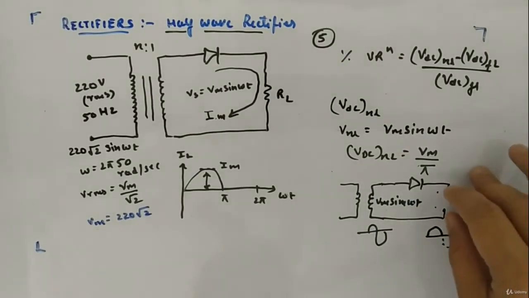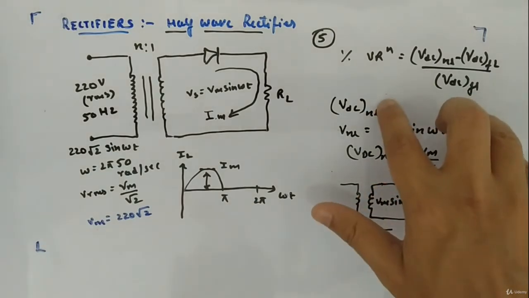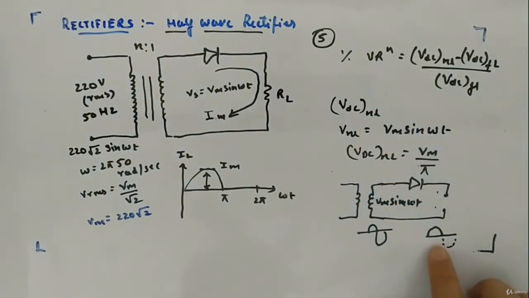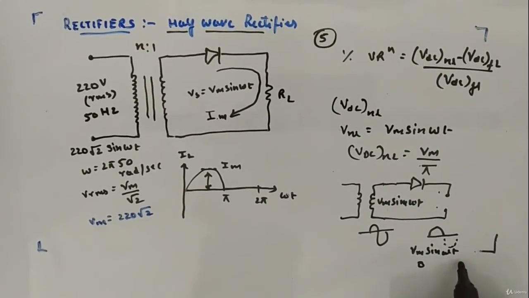So here the no load voltage will be this. It will be Vm sin omega t, for omega t from 0 to pi.